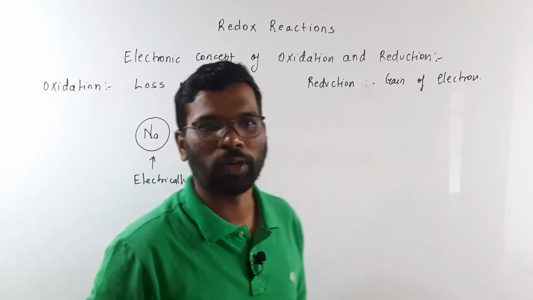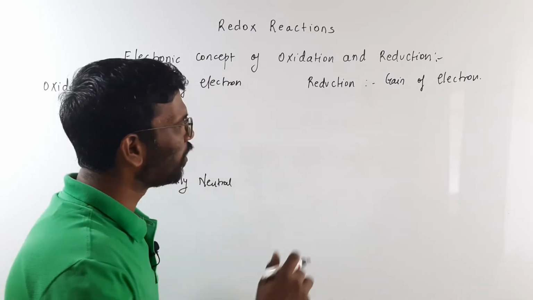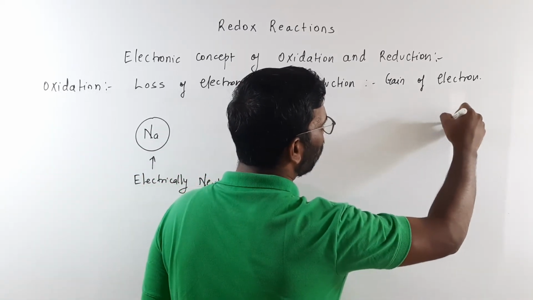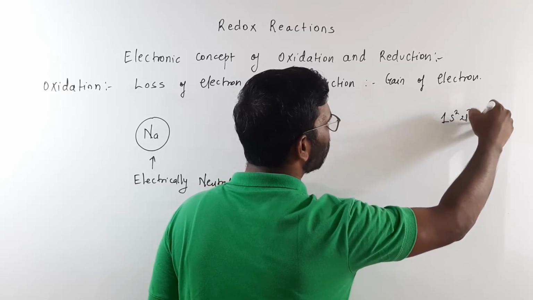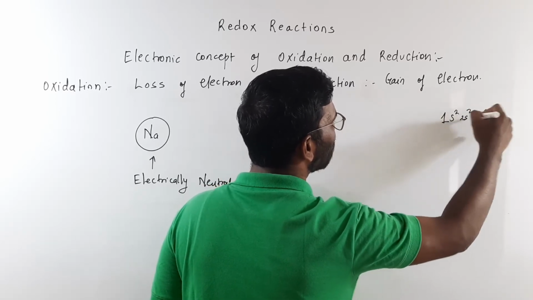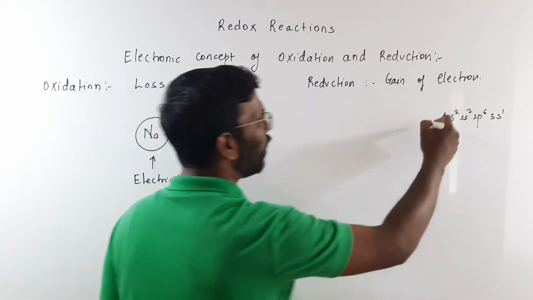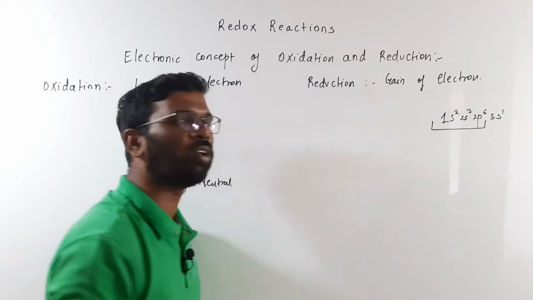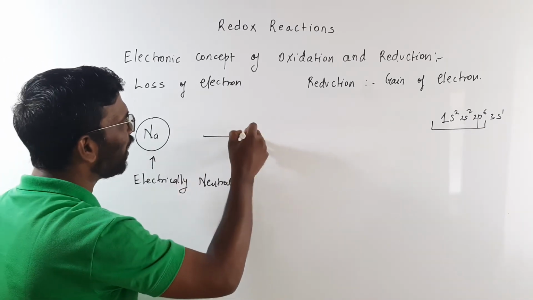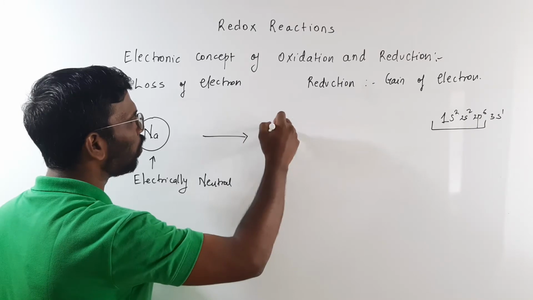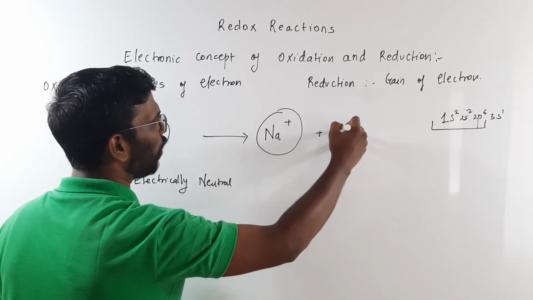Now, if we check the electronic configuration of sodium, it is 1s2, 2s2, 2p6, 3s1. It means if it loses its one electron, then it will attain the noble gas configuration of neon, right?